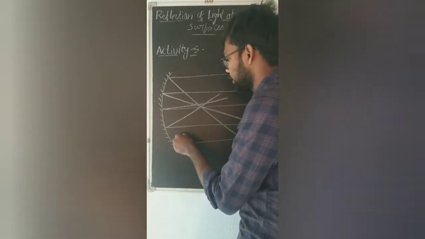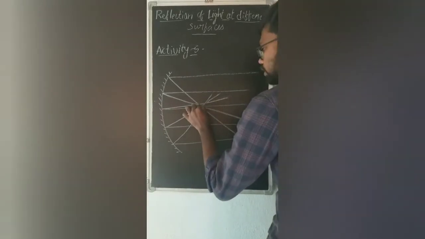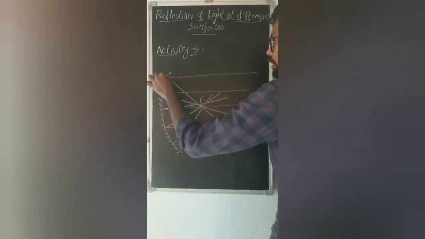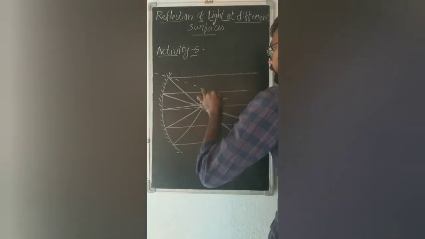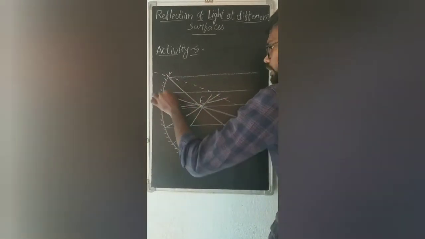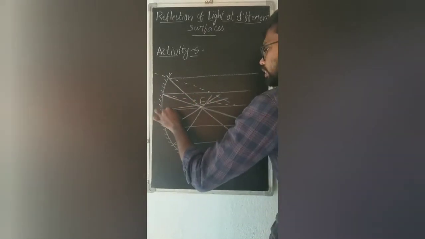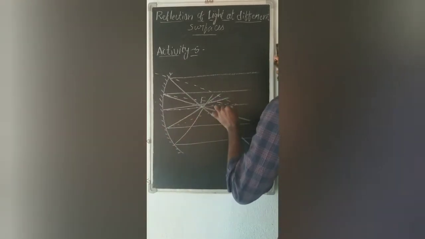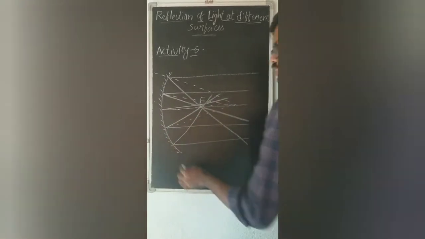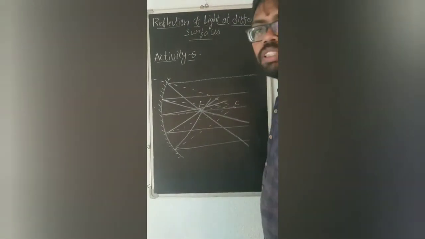This is the focal point, and the normals at the points where the light rays strike meet at one certain point, which is taken as C, the center of curvature. Like this, images will be formed.